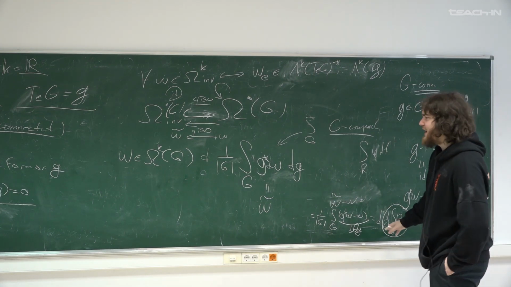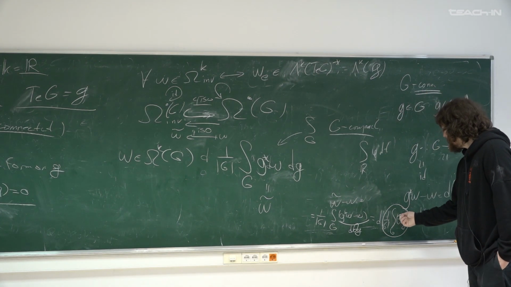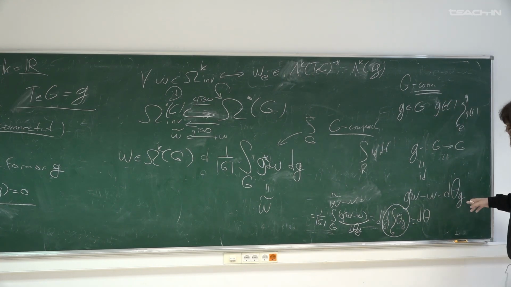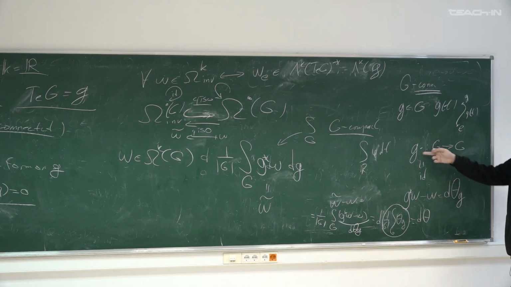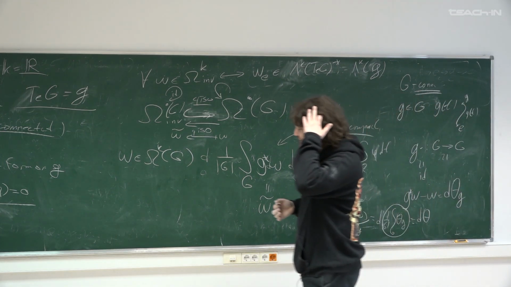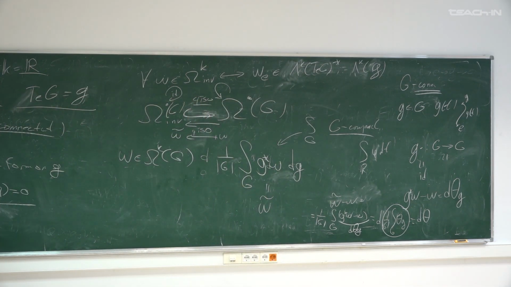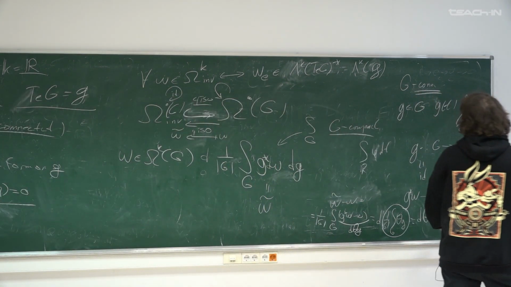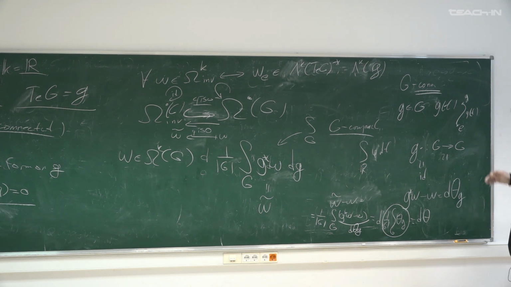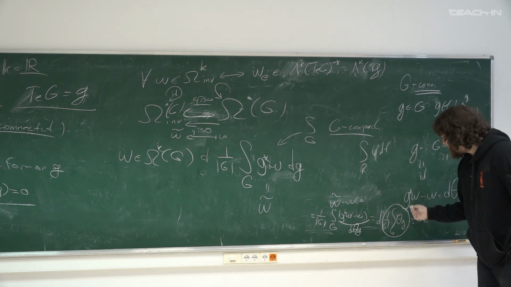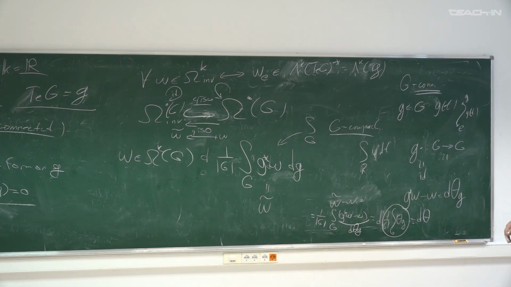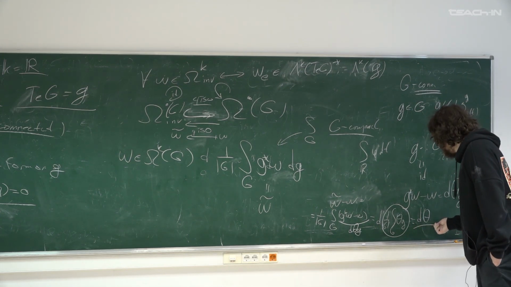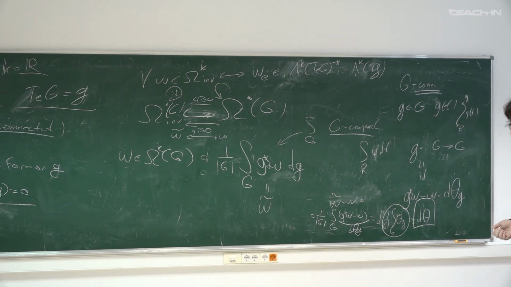Here, you need some arguments why this thing is integrable, because in general this path maybe does not continuously depend on g, but you can check that in fact this form is integrable, and this is a correctly defined differential form.